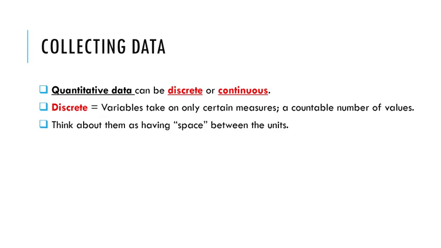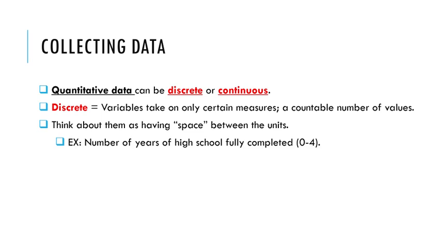So think about discrete variables as having space between the units, right? You can kind of draw a division between the units. For example, number of years of high school that have been fully completed. Well, it says fully completed, so the answers are 0, 1, 2, 3, 4. And I guess 5 if you stayed extra, but we're saying out of the academic year.